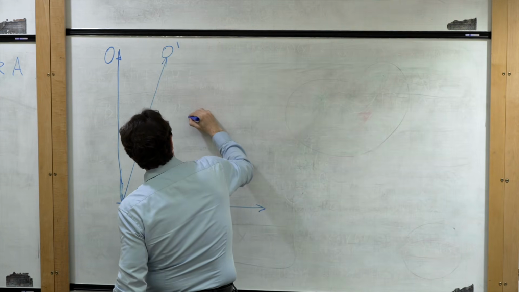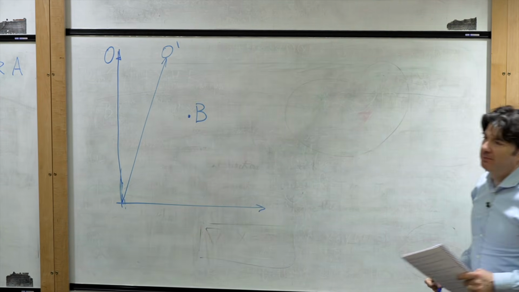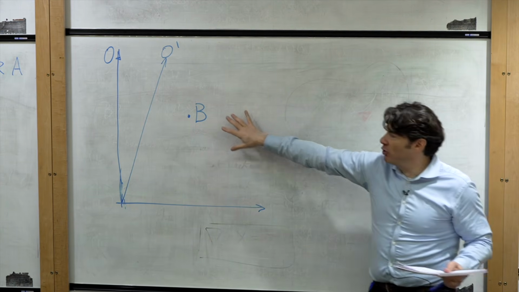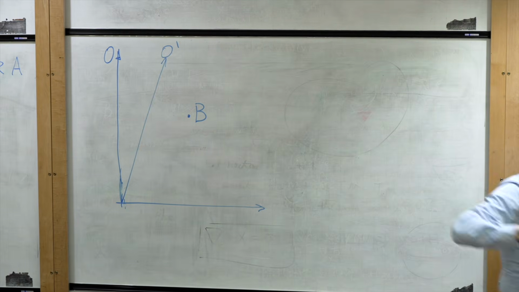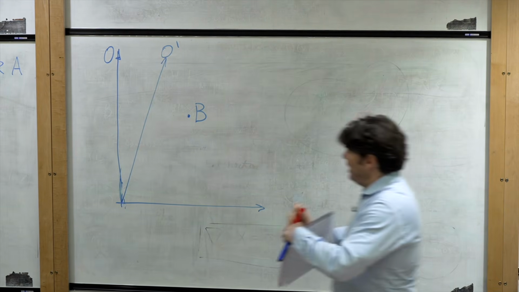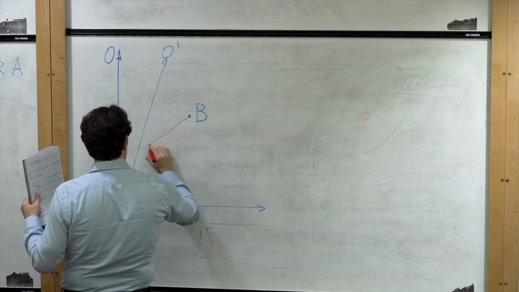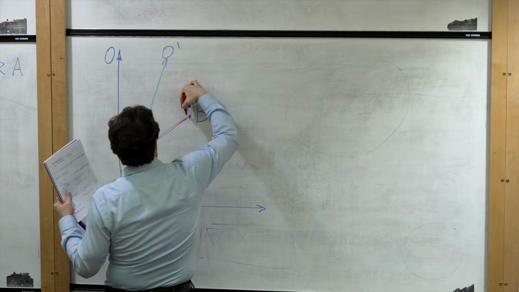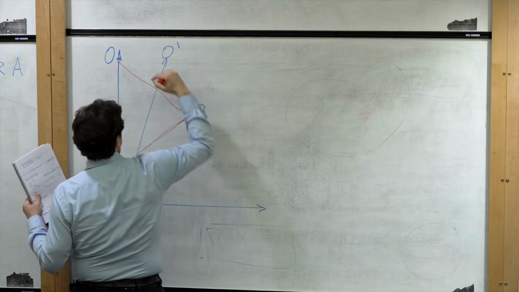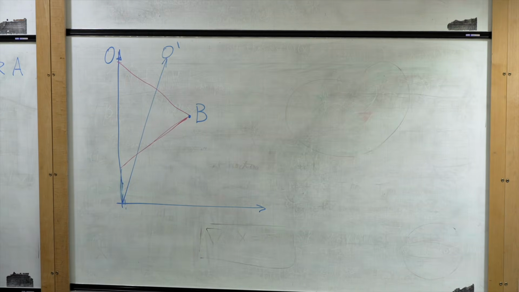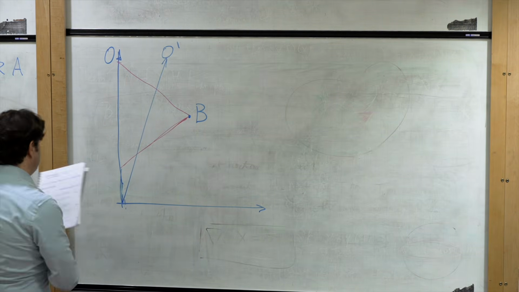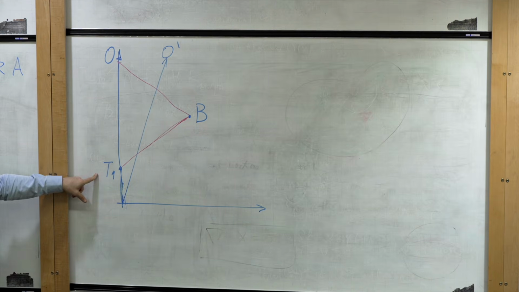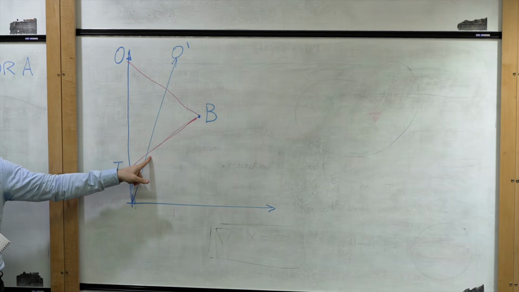And there is an event B, and both of them, O and O prime, want to assign coordinates to B, okay? Then I imagine the following. Imagine a beam of light from O to B and then reflects back like this from B to O. And now let's call this time T1 according to O. This time we know what it is, right?